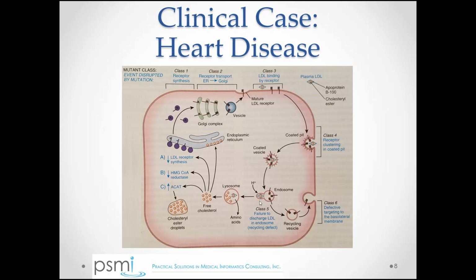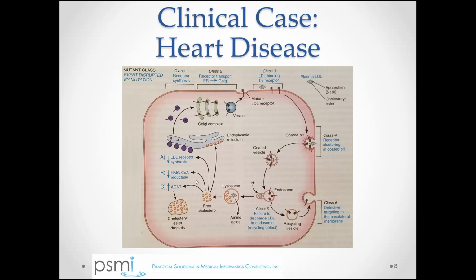The LDL cholesterol then is split apart. The protein, the apoprotein B surrounding the cholesterol moiety, is broken down into its constituent amino acids, and then the free cholesterol is released into the cell. And here you can see, out of interest, it decreases further production of cholesterol within the cell by inhibiting HMG-CoA reductase.